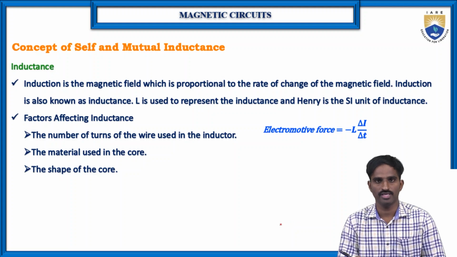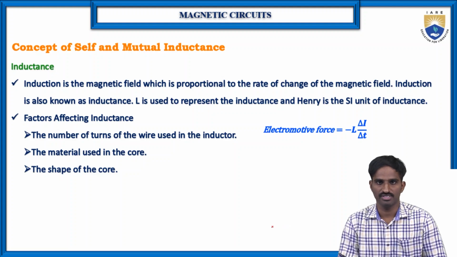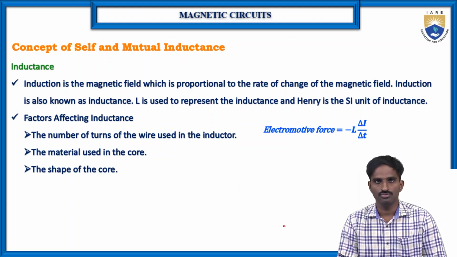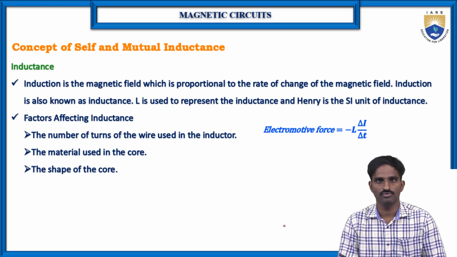So we already know about inductance. What is inductance, and what kind of parameters does it depend on? Let me recall what is meant by inductance. The induction in the magnetic field is proportional to the rate of change of the magnetic field.